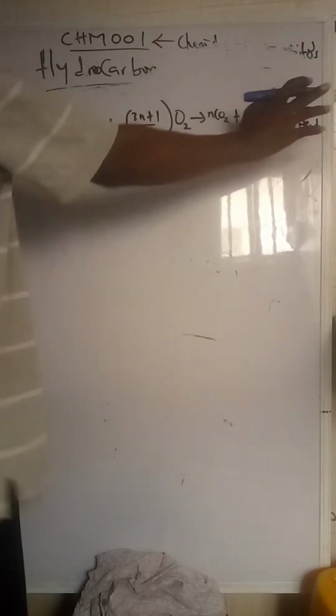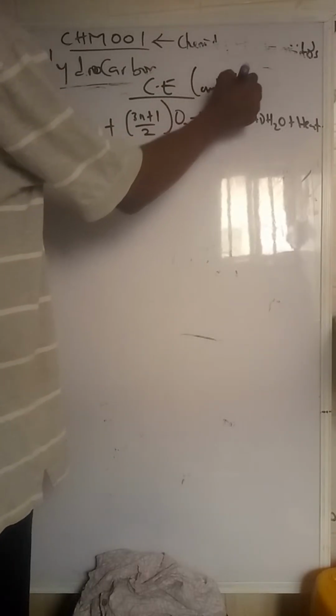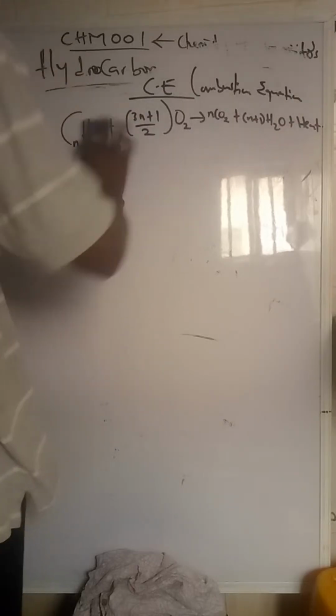So this is the combustion equation, CE, the formula for the equation in chemistry.